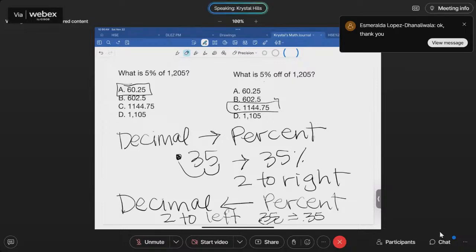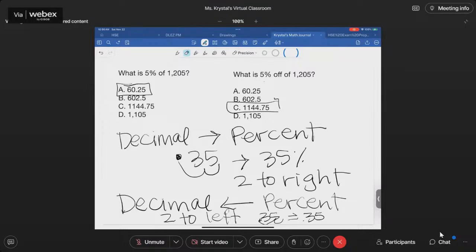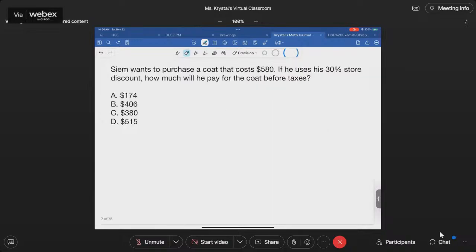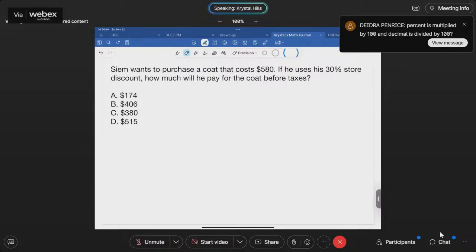Let me know when I can move it. Okay. All right, so now let's see.